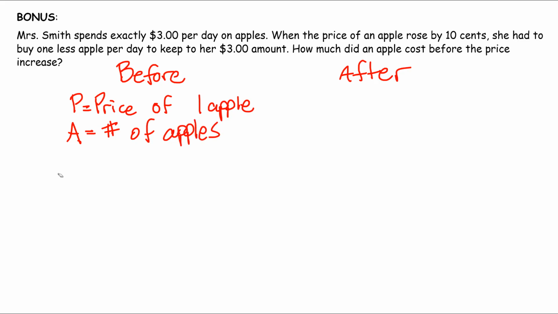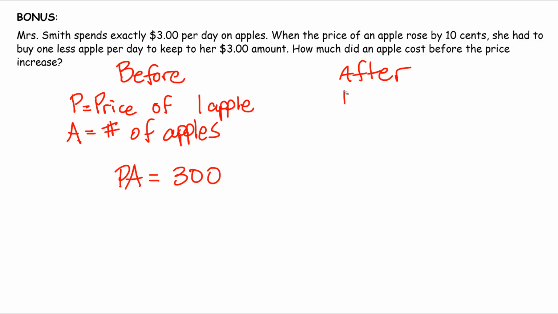All right. And so that $3 is P times A, the price of an apple times how many apples she bought. That multiplied together gives me $3 because that's how much she spent on these A apples. So price of an apple times the number of apples she bought was $3 or 300 cents. After the price went up, the new price is 10 cents more.